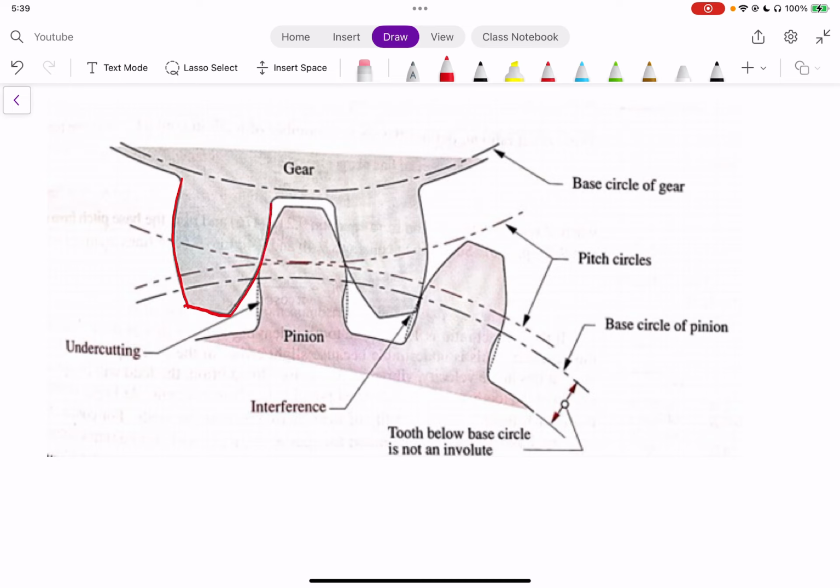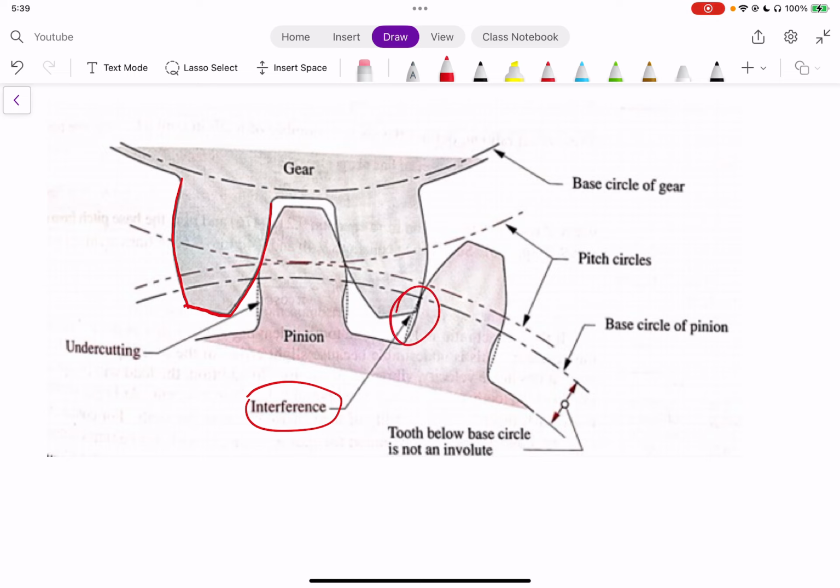And if the design is not made correctly, or if there's improper mounting, or the gears are too big to mesh with each other, what can happen is we have this phenomenon called interference, which we can see right here.